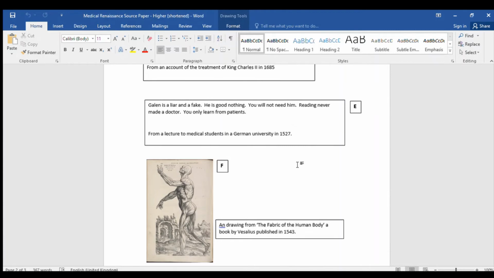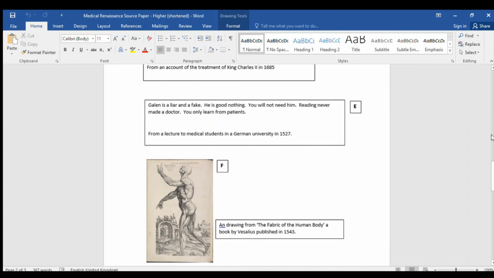The reason I've given you source F is so you could use that as evidence in your answers to whether you're surprised or not. Source F comes from the book that was created by Vesalius, and it gives the date that he published it. Remember, what was Vesalius the first person to do? Would that make you more or less surprised that somebody is criticising Galen?